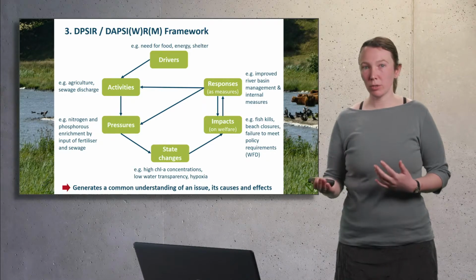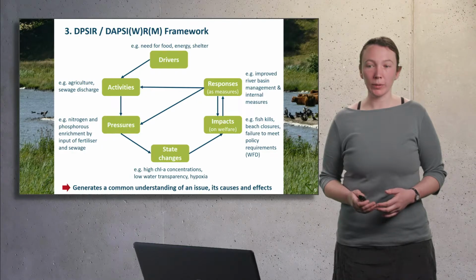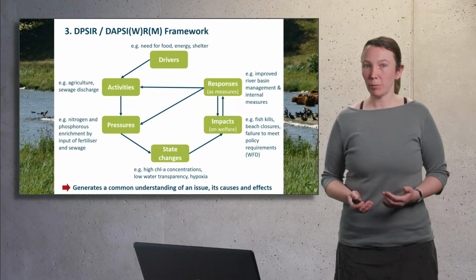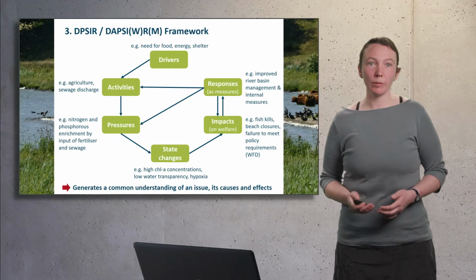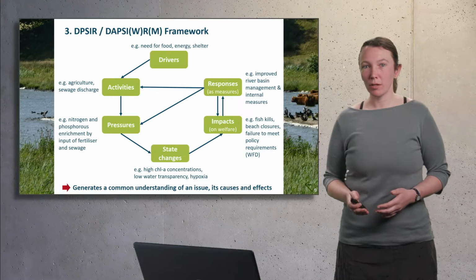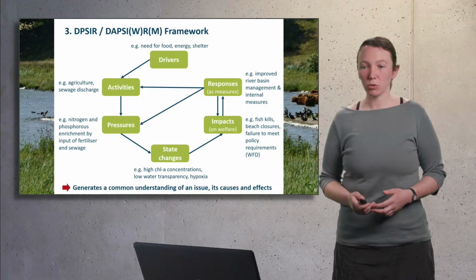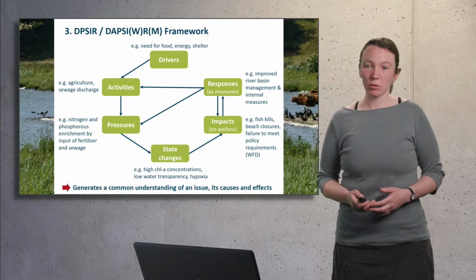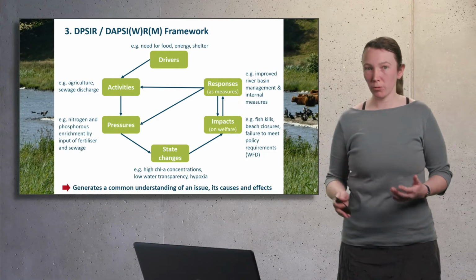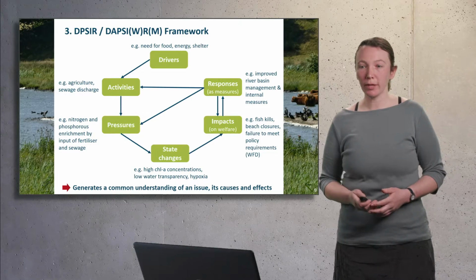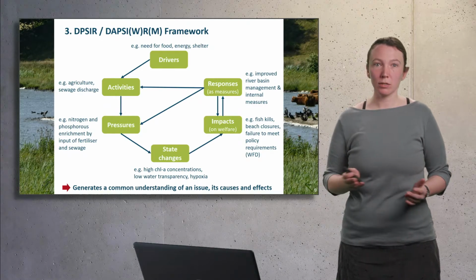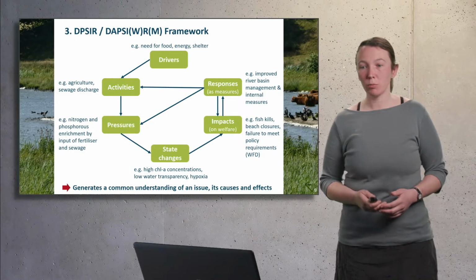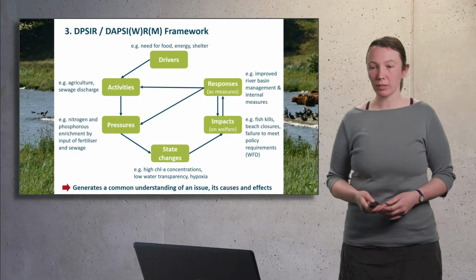And these then require a response, for example, an improved river basin management or internal measures such as mussel mitigation farms, which could be established. When you use this tool within the systems approach, you usually need several cycles, as the responses then lead to new activities, pressures, and also direct impacts.